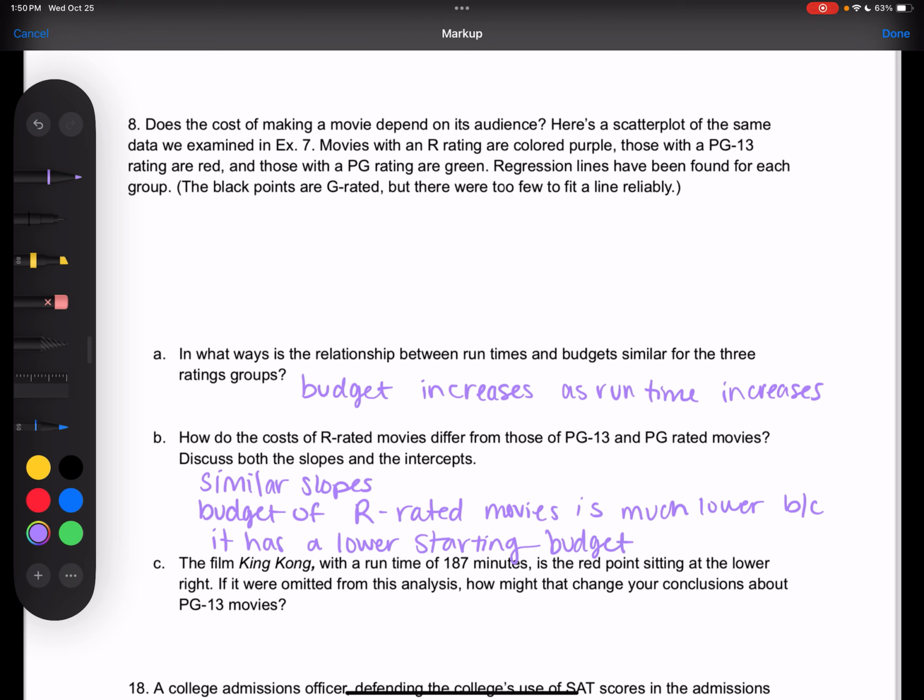But yes, what you said is true about the slopes. It's a little lower on one, but also a little higher on the other. You can look at the graph.